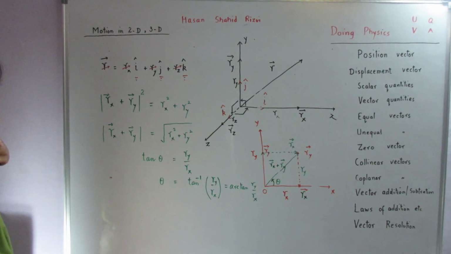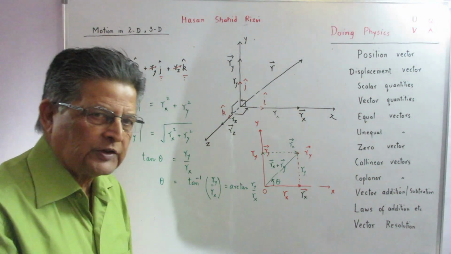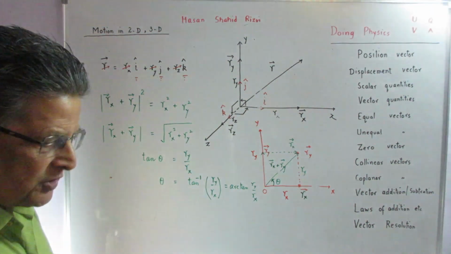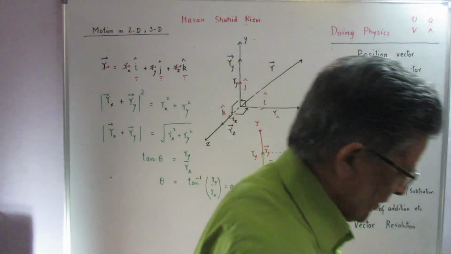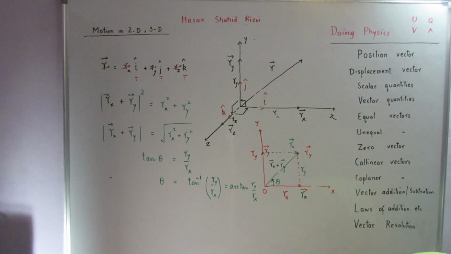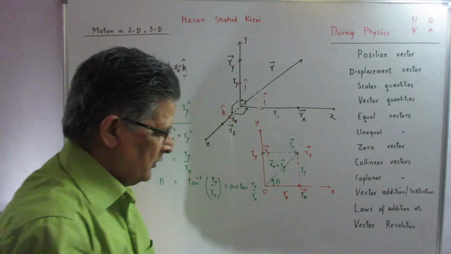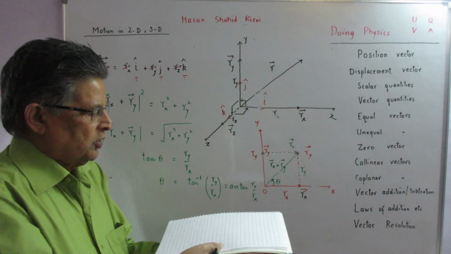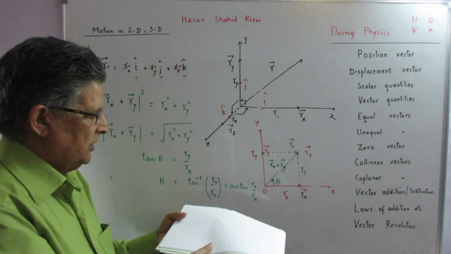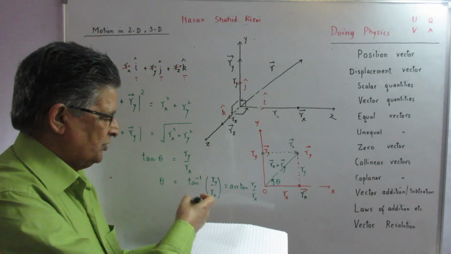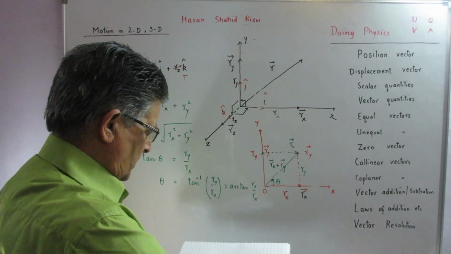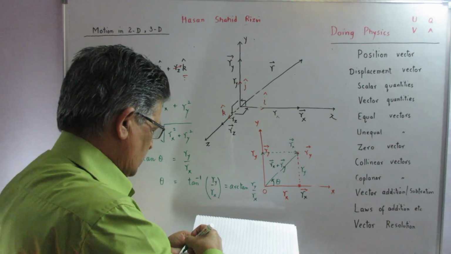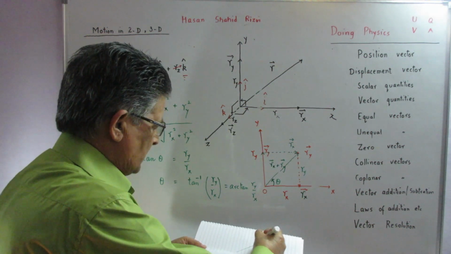Now suppose this is in three-dimensional space. So in the three-dimensional space, if I obtain it like this, this is my x-axis and this is my y-axis, and I have got a line, the resultant of these two, as a line like this.